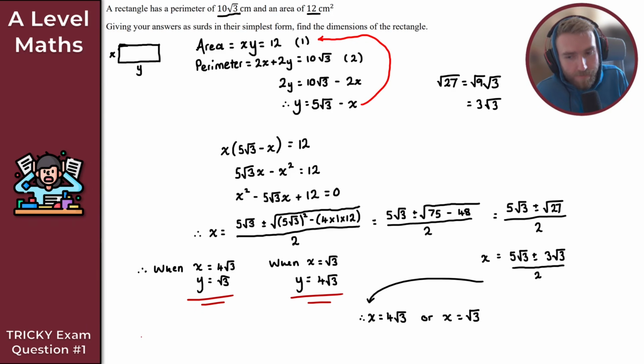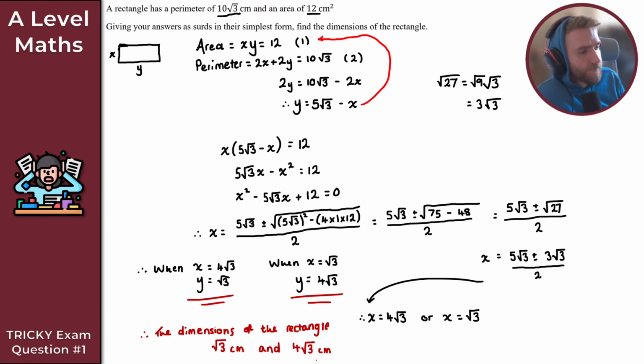So to finish with then, the dimensions of the rectangle are given as, so we have root 3, that's root 3 centimeters, don't forget the units as well, and also 4 root 3. And again, don't forget your units, okay?